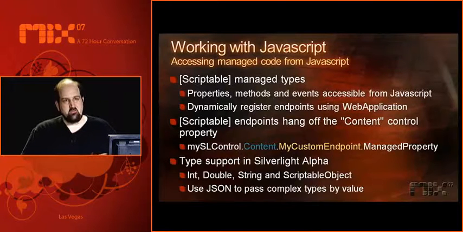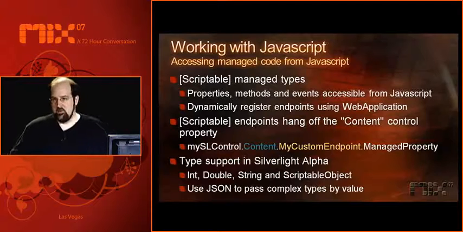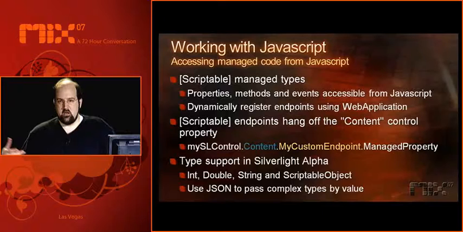So you've probably seen it from the demos where you do JavaScript coding against the XAML DOM. You always have a reference to your Silverlight control, and then there's this content property underneath which all kinds of XAML DOM elements exist. What happens in the alpha is when you go out and tell us, hey, go make this managed code available to JavaScript developers, one of the other things you tell us is what's sort of this string accessor that should be available for the JavaScript developer.